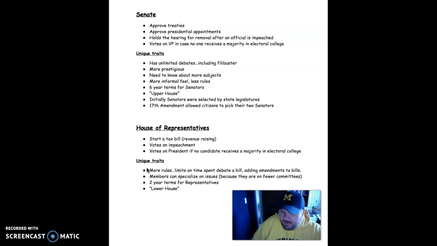That means Michigan loses their vote if they can't come up with a clear winner. So let's just say it's 10-4 in favor of the Republican candidate. That means Michigan would cast their one vote for the Republican candidate. So even though they have 14 representatives, whoever those 14 come up with, Michigan still gets one vote.